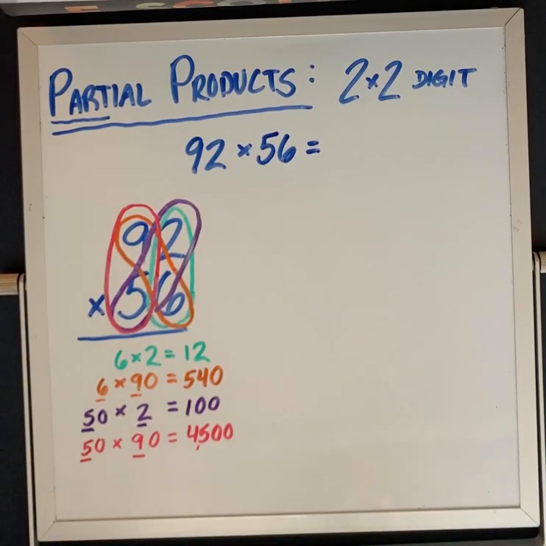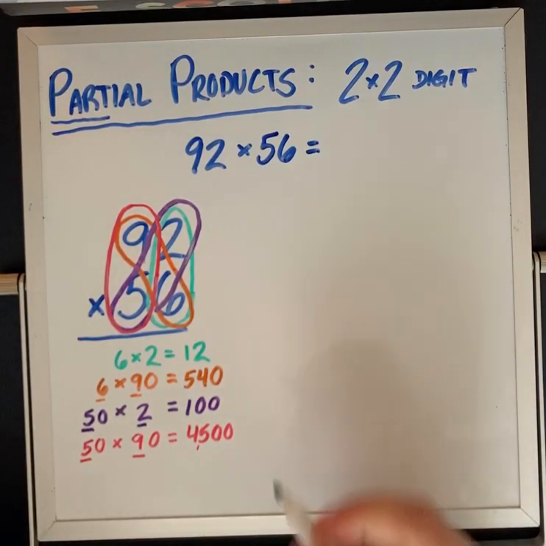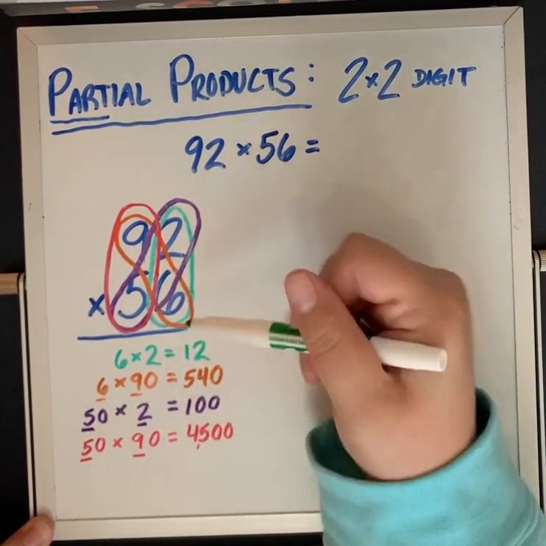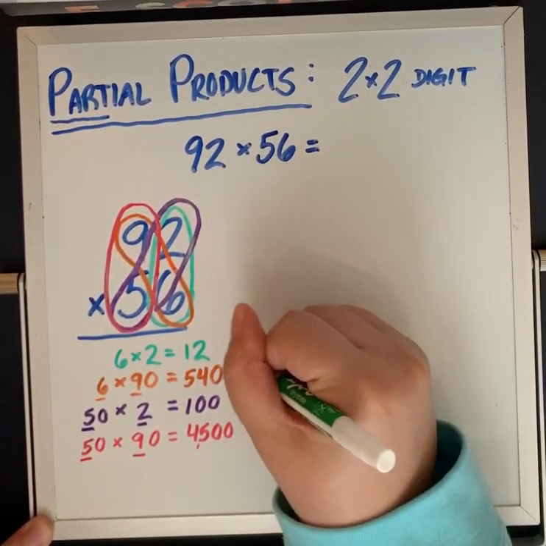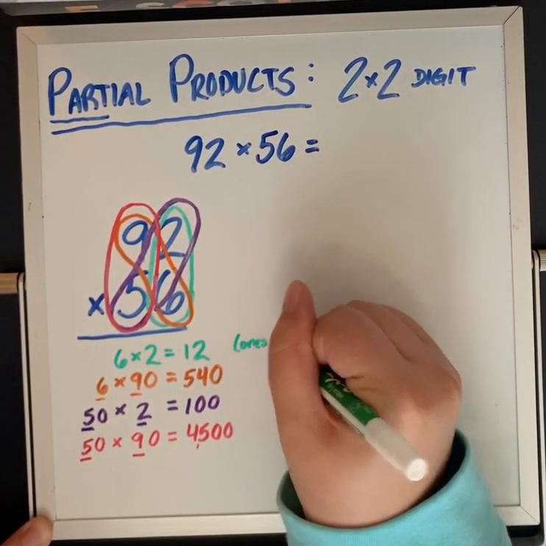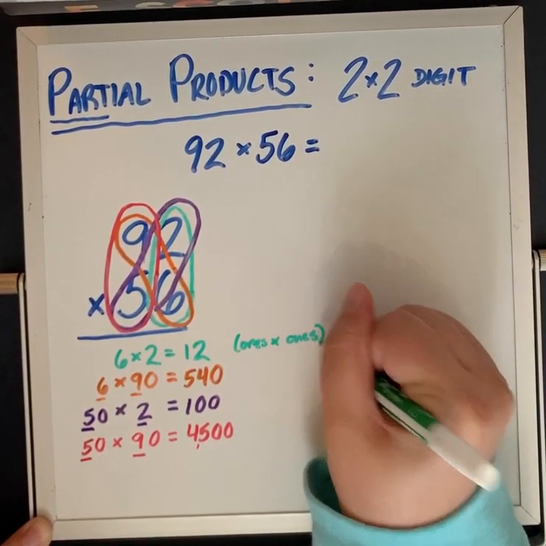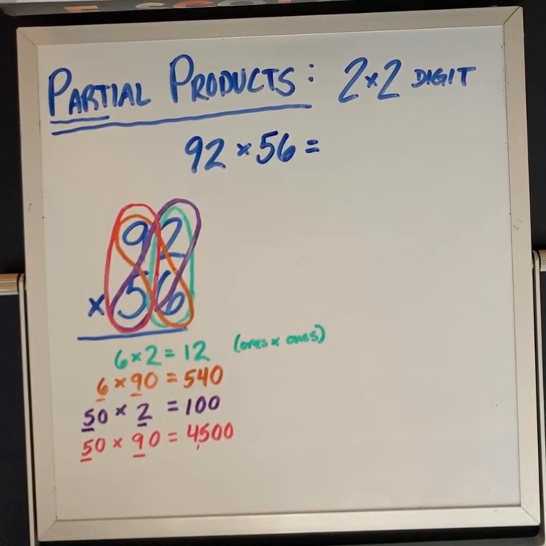4,500. It's important here to make sure that you have 4 parts and you've shared each digit with both digits of the other number. In this example, we shared the ones place of the bottom number with the ones place of the top number.